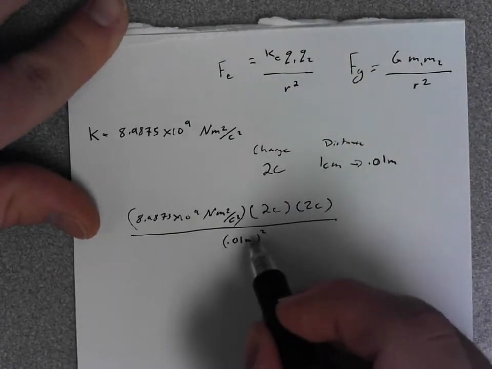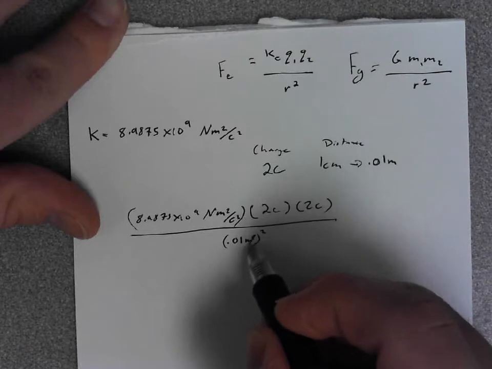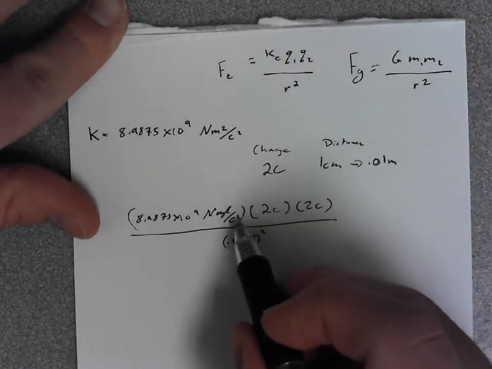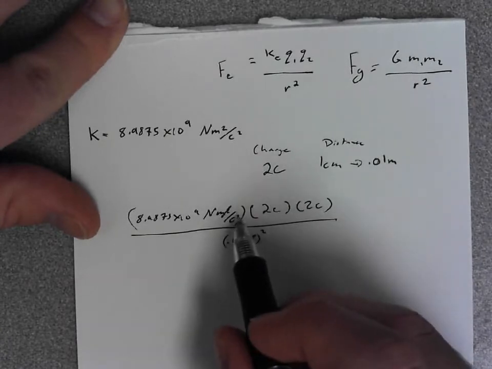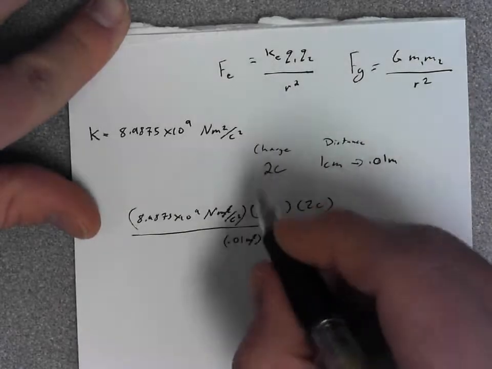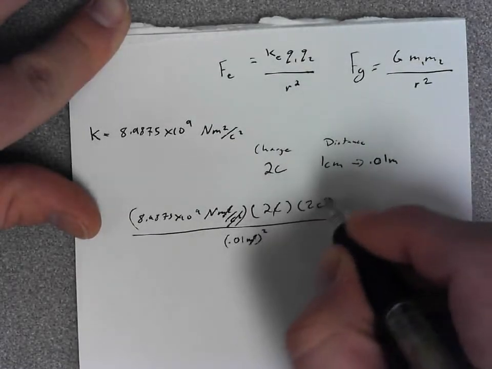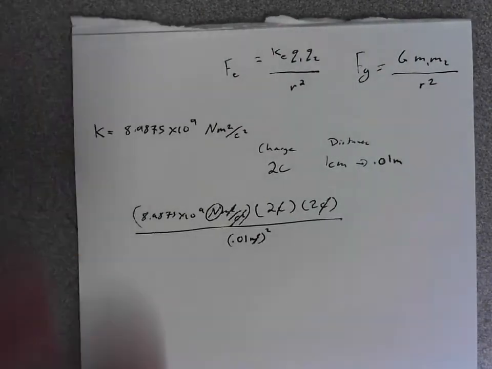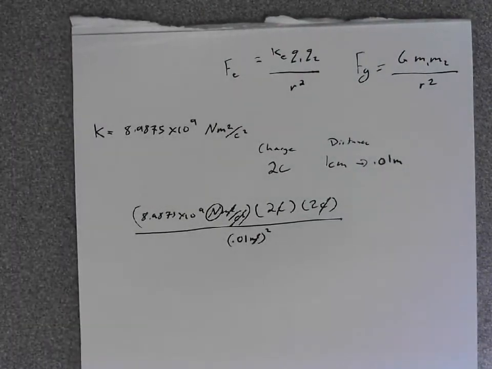That meters squared cancels with the meters squared in the constant. And then I have Coulomb squared down here, and a C times C on top gives me C squared, so it cancels. I'm left with just newtons as my final unit. And that's a good indicator that I'm on the right track, that my units work out.